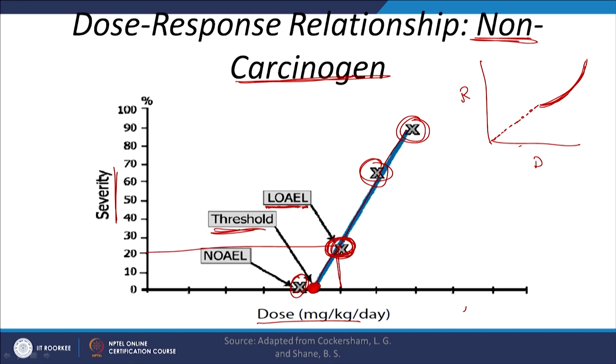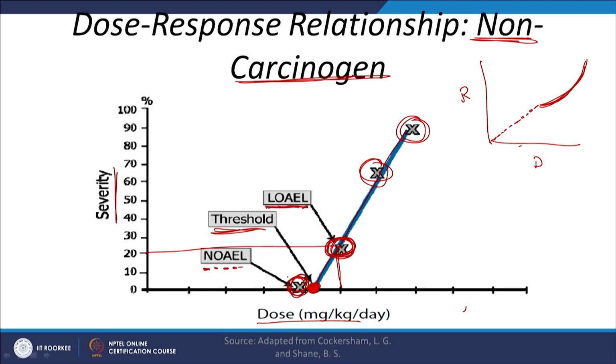So, that is the lowest observed adverse effect level, and then we have NOAEL, which is the no observed adverse effect level. So, this is the highest concentration at which no adverse effect was observed, right. So, NOAEL and LOAEL.